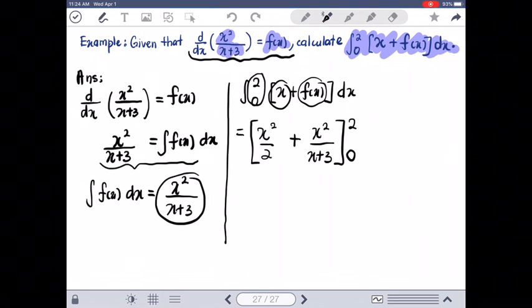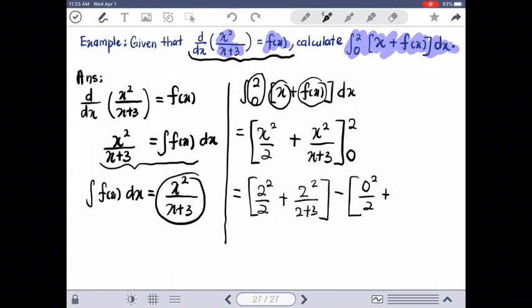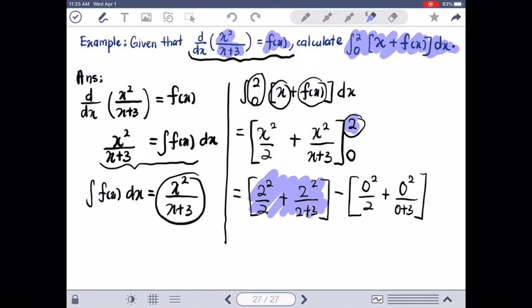The next step is we just substitute the value in. So it becomes 2 to the power of 2 over 2 plus with 2 to the power of 2 over 2 plus 3, minus with 0 to the power of 2 over 2 plus with 0 to the power of 2 over 0 plus 3. So top, this is the top, minus with the bottom, this is the bottom.